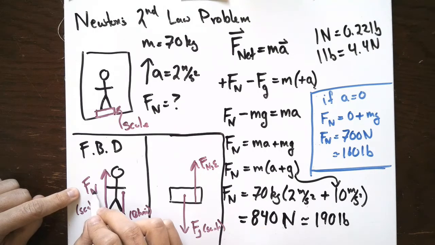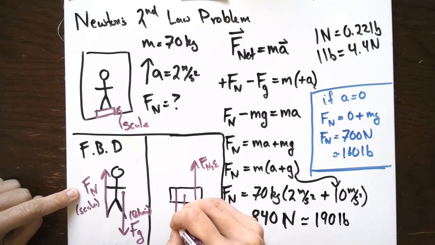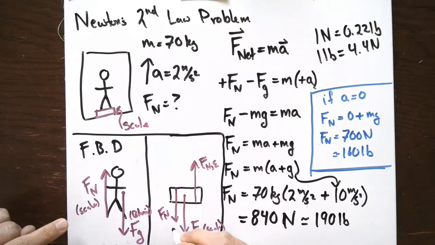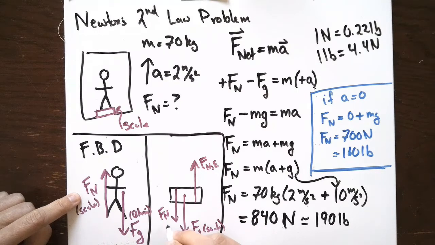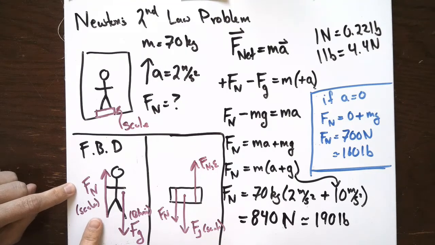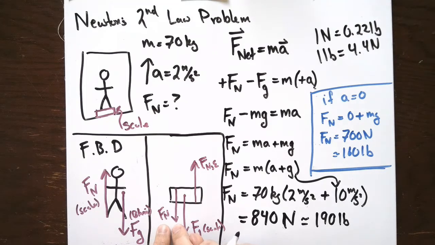This is the normal force on Blaine from the scale, so we would have a normal force from Blaine on the scale. I think I just switched that. So this over here on Blaine, that's the normal force on Blaine from the scale. This one over here is the normal force on the scale from Blaine.